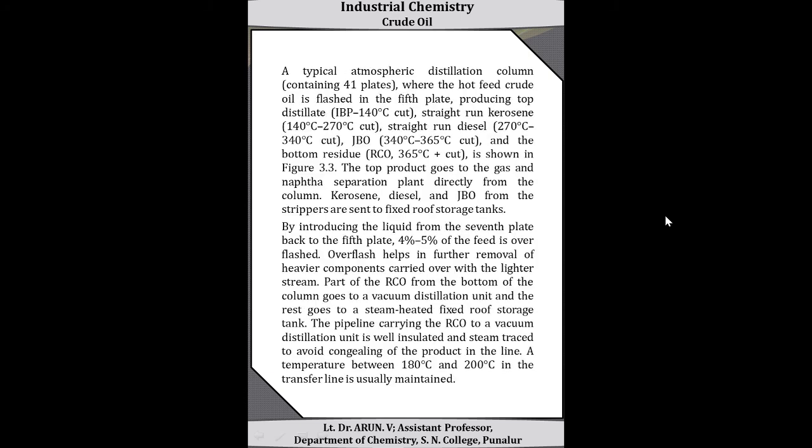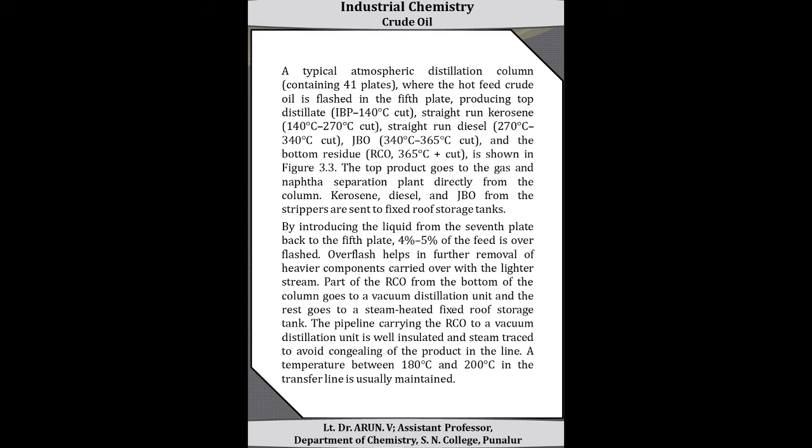A typical atmospheric distillation column contains around 41 plates, where the hot feed crude oil is flashed in the fifth plate, producing the top distillate.